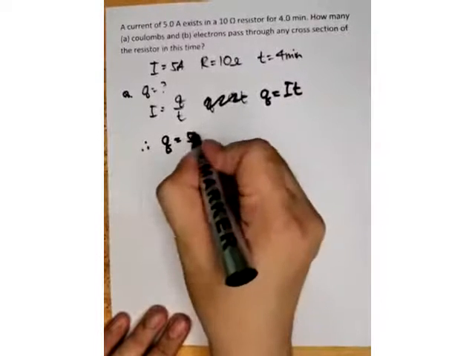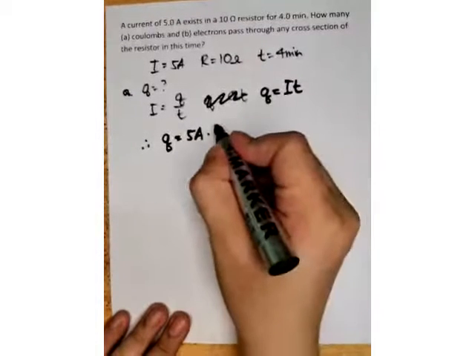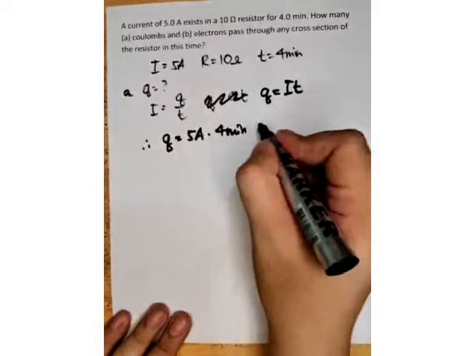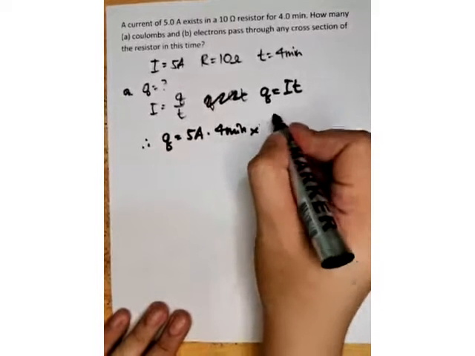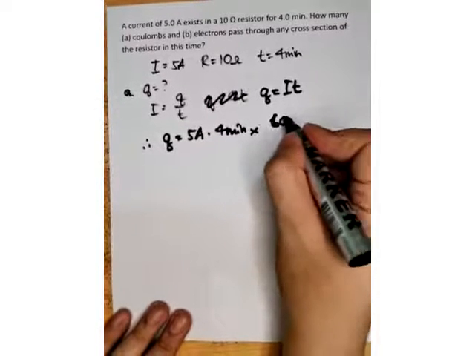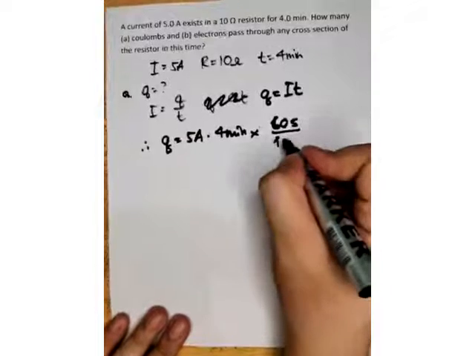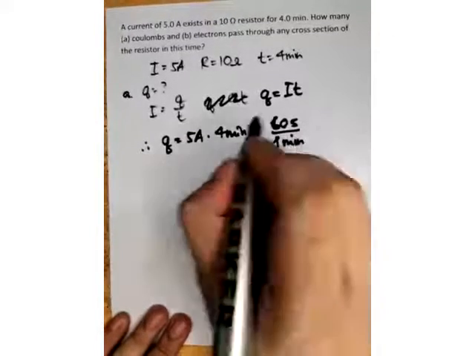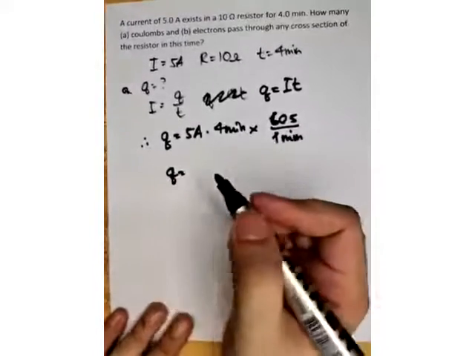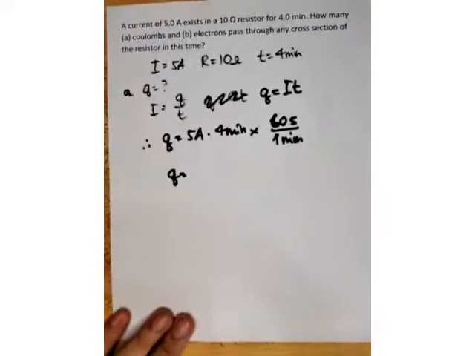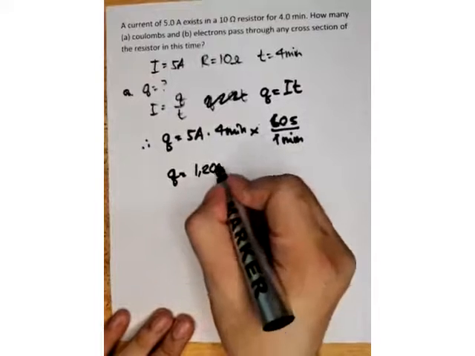But convert that into seconds. For every 60 seconds, we have 1 minute. So, what's the total charge? 5 times 4 times 60. That's 1,200 coulomb.